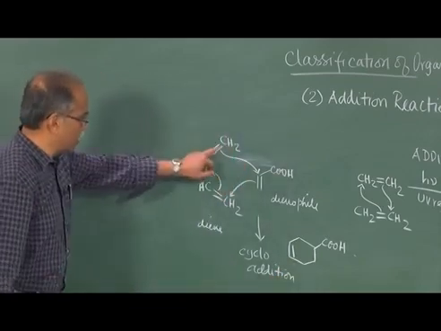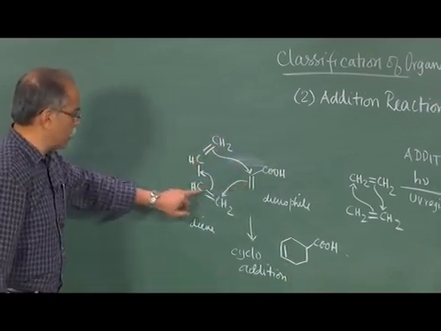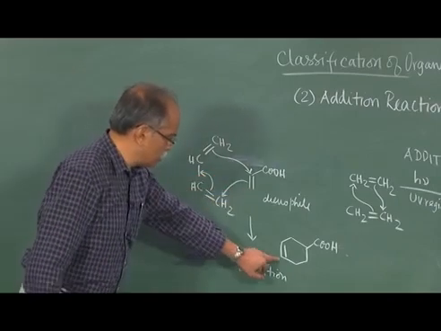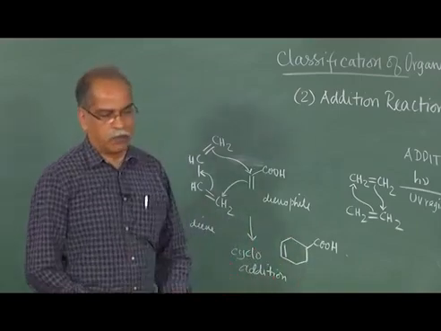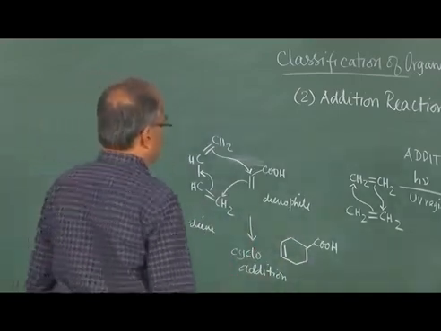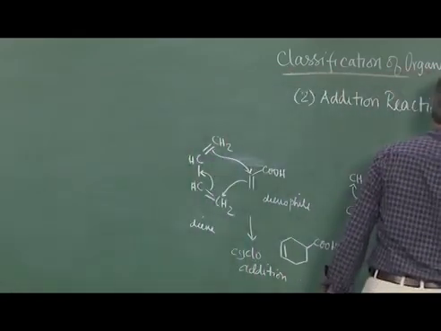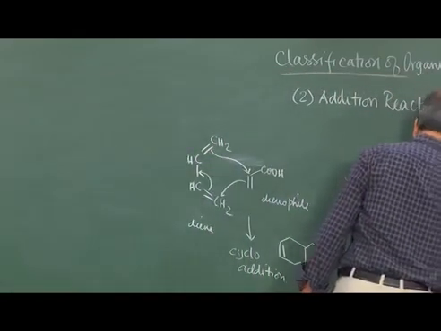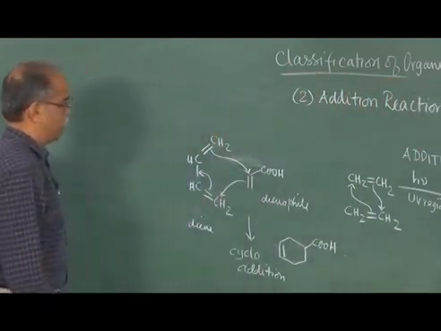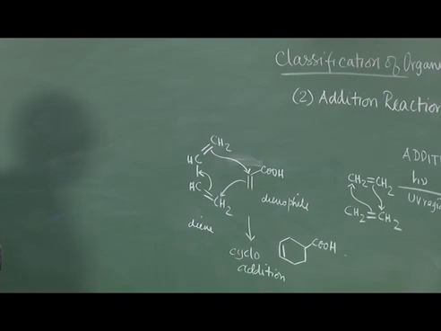Since there are 4 carbons and 2 carbons involved, it is a 4 plus 2 cycloaddition reaction. So, 4 plus 2 is 6. That is why a 6-membered ring is being formed in this particular instance. So, these are considered as neutral cycloaddition reactions because there are no electrophilic or nucleophilic reagents involved in any of this reaction. So, we are done with the addition reaction.